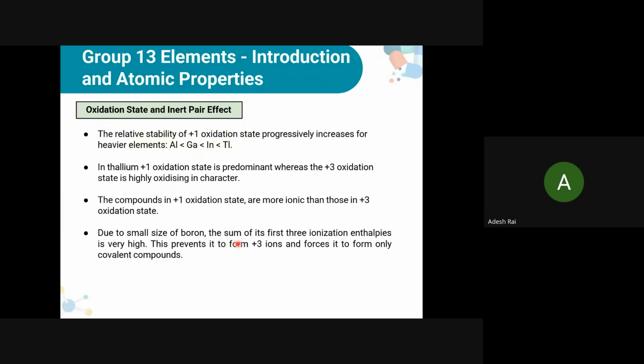Sorry, what am I saying? Yes, it will only show the +1 state. Are you getting my point? Basically, the assumption is that the outermost electrons are three, so we can remove all three electrons from boron. But for boron, be careful, we can't remove all three electrons. Why? The reason is written over here. What is the reason?